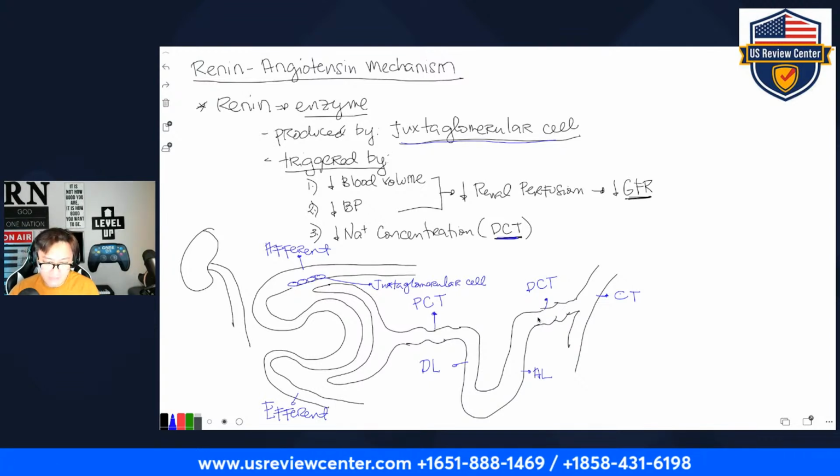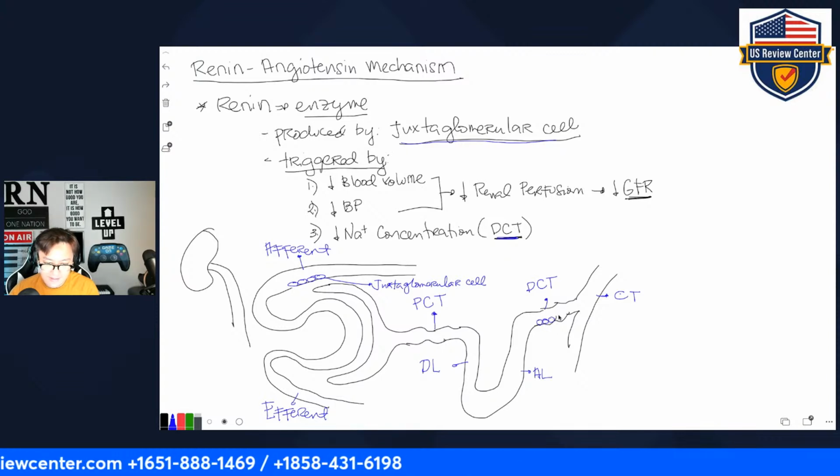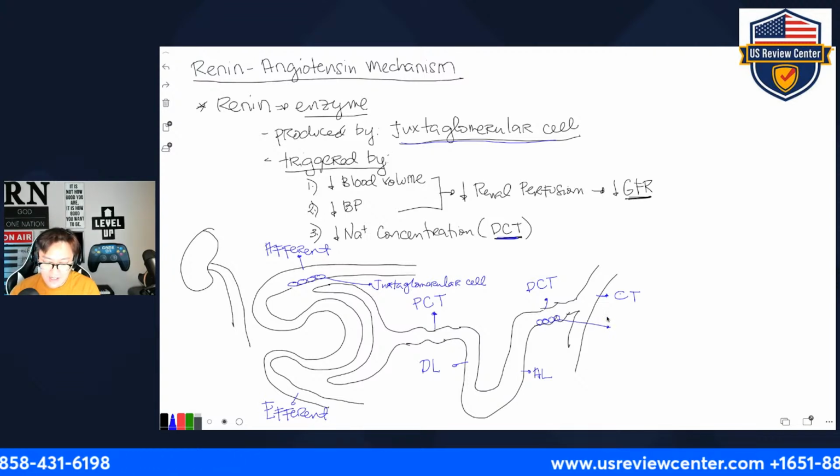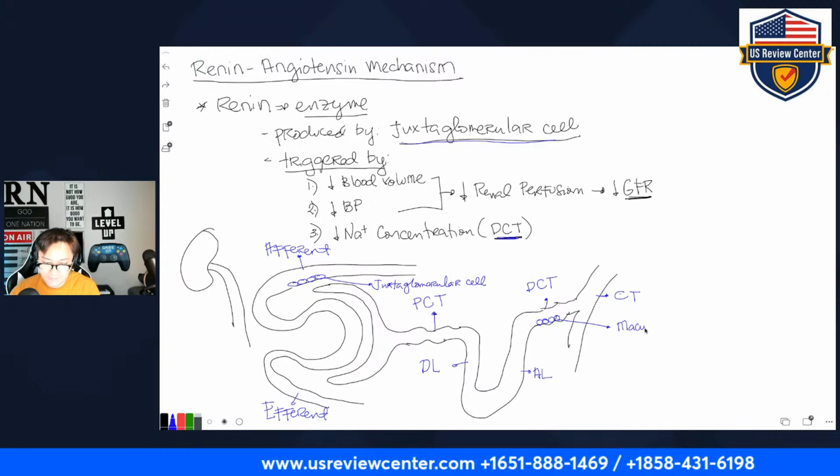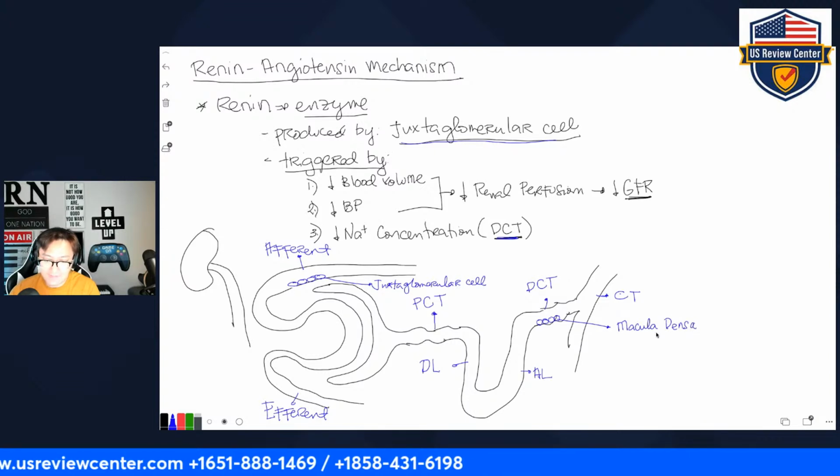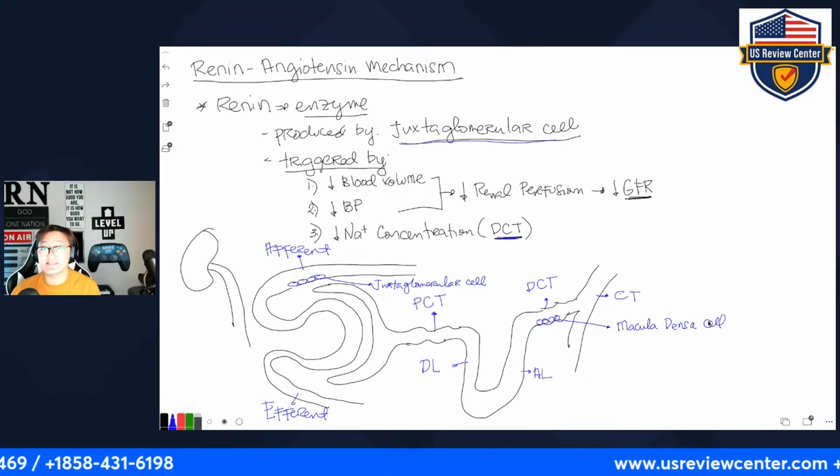your distal convoluted tubule. Let's put it here on this side. Now, what do you call this cell? You call this cell your macula densa cell. Now, what is macula densa? Macula densa cell is a form of a chief cell.